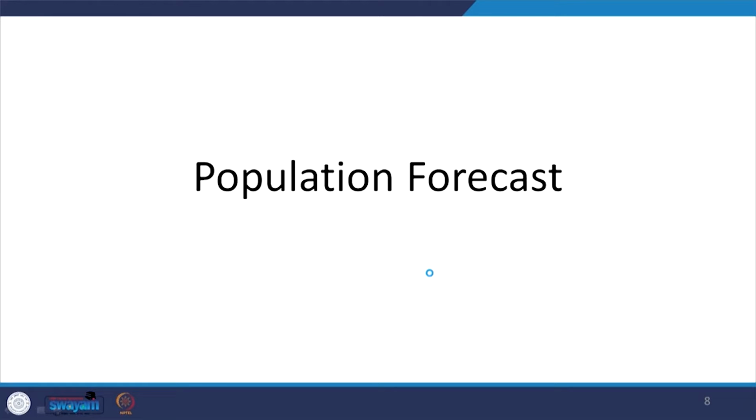So population forecast. Once I know until which year I will try to cater to the needs of the relevant population in that community, I'll now need to calculate the population. So I'm going to estimate or forecast the population.